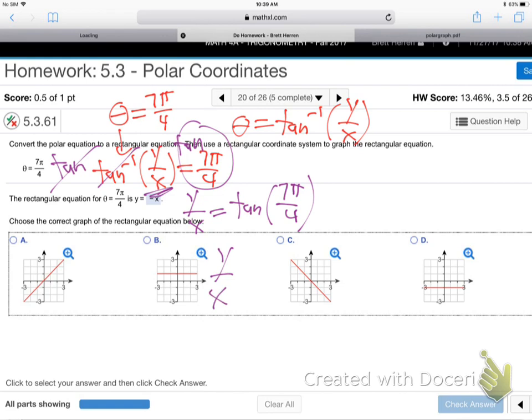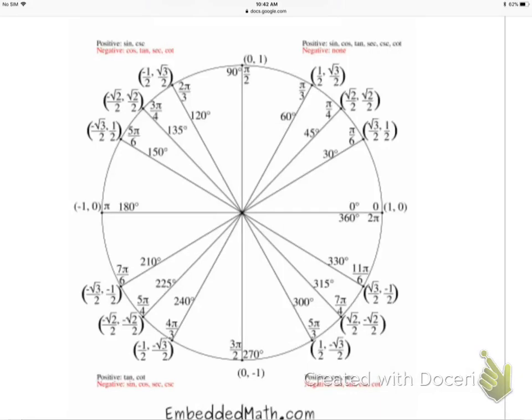So what is tangent of 7 pi over 4? Got your unit circle? Oh, 315. So 7 pi over 4, it's right here. Now remember, this is cosine and sine. Tangent is sine over cosine.